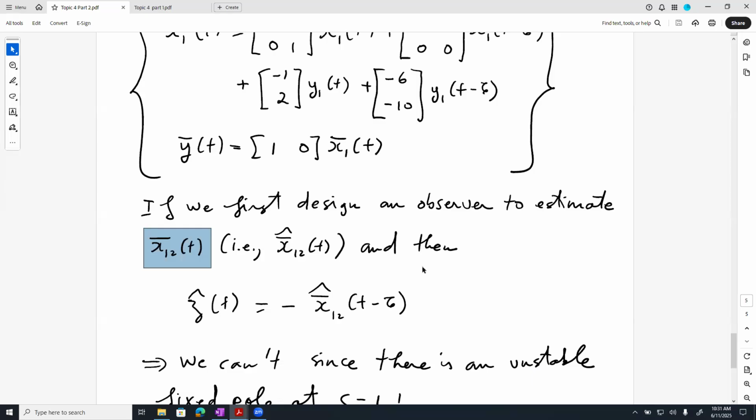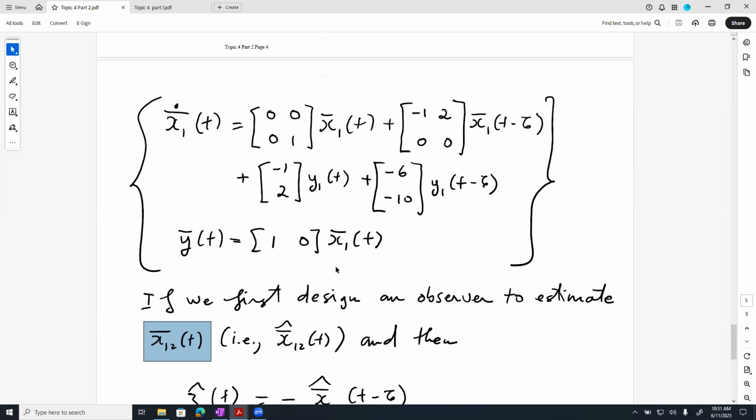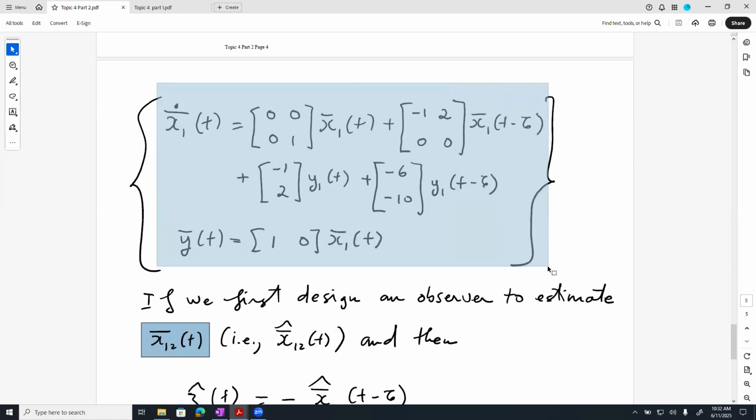In fact, when we want to design an observer to estimate the unmeasurable stack variable of this vector, which is this one here, there is an unstable fixed mode. In other words, the existing stack observer design methods available in the literature for time delay systems, if we employ, for example, an observer without internal delay, then we are in trouble.